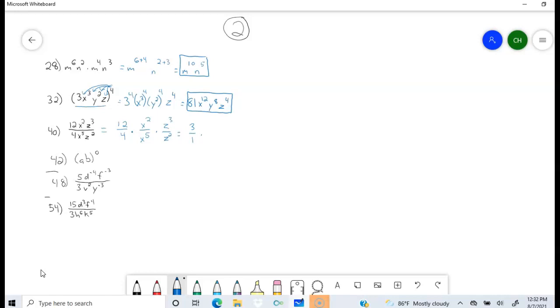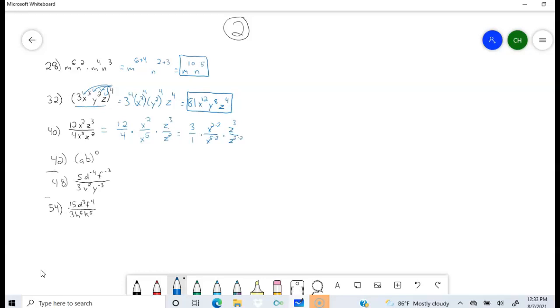So we're going to have x squared minus 2 over x to the 5th minus 2. The one on the bottom is smaller on this next one, so we're going to subtract it. We're going to have z to the 3rd over z squared.